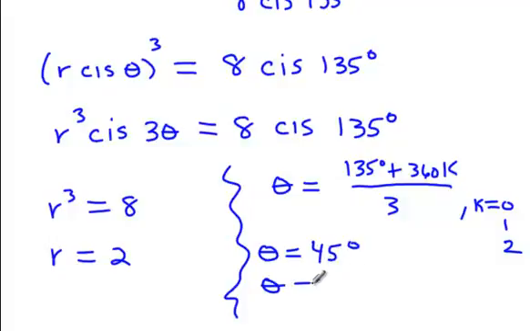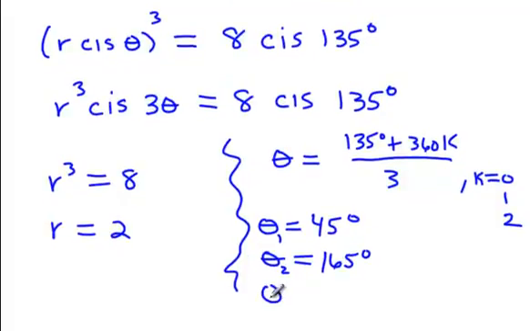Our next theta value, theta sub 2, let's let k be 1. 135 plus 360 divided by 3 is 165. And our last theta value, theta sub 3, let k be 2. 135 plus 360 times 2 divided by 3 is 285.